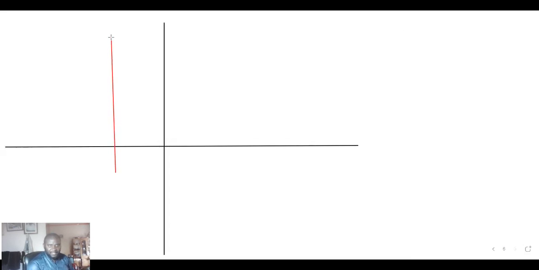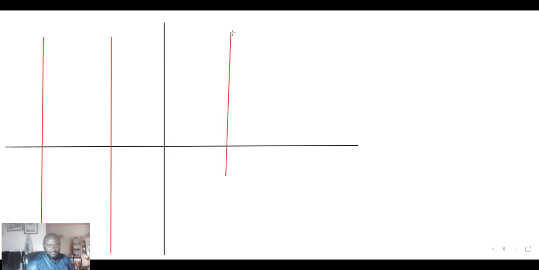We have here -1, here -9, here +1, and here +9. Then this is the y-axis and this is the x-axis.